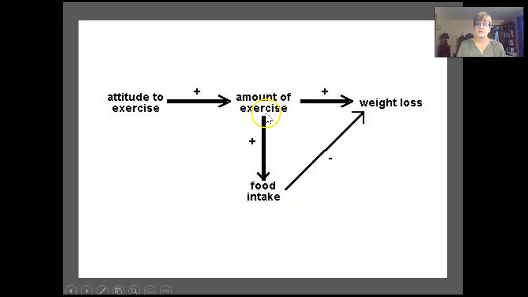That may then nullify the impact of exercise and have a negative impact on weight loss. So just as an example, one of the things that path analysis allows you to do is kind of tease apart the impact of mediators and moderators as they relate to an outcome variable that you're trying to predict.